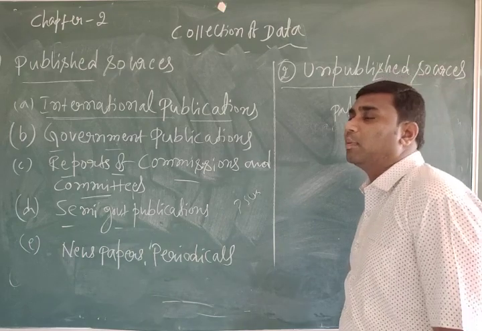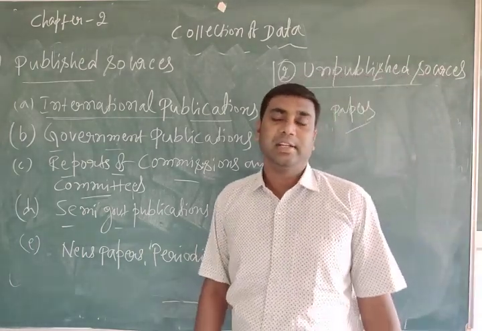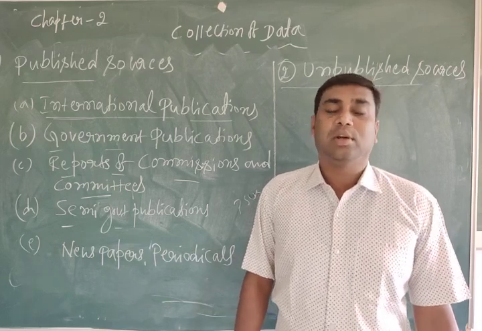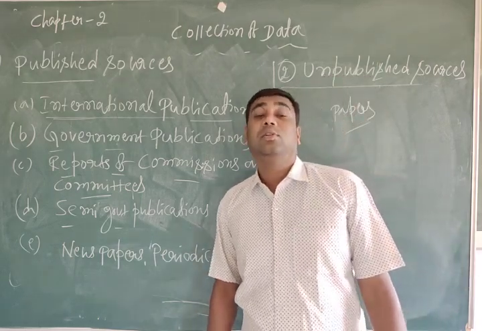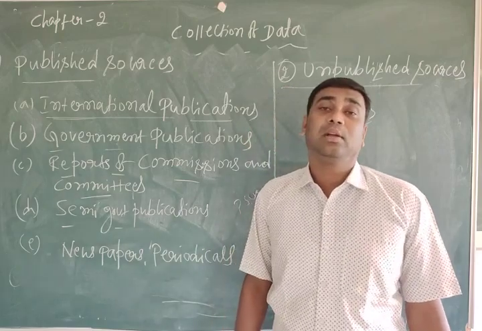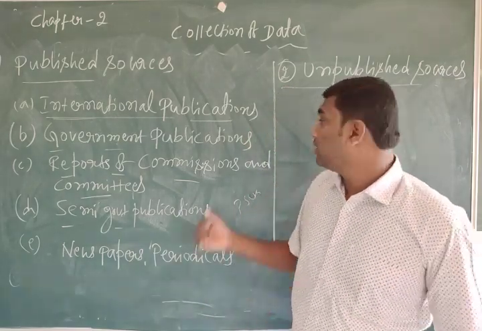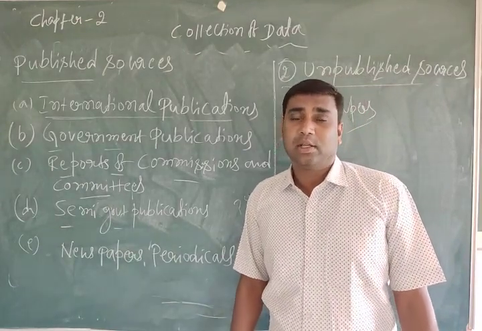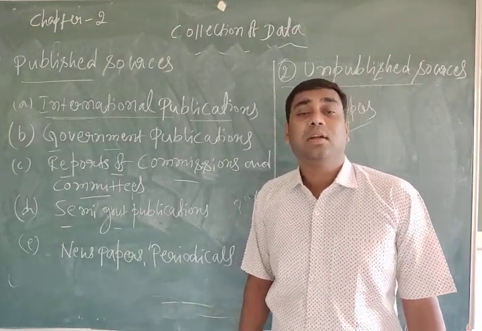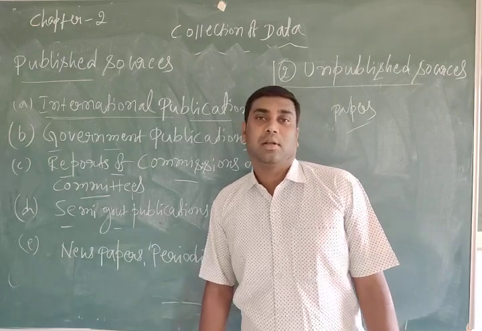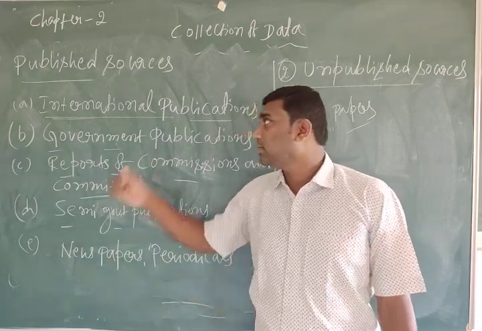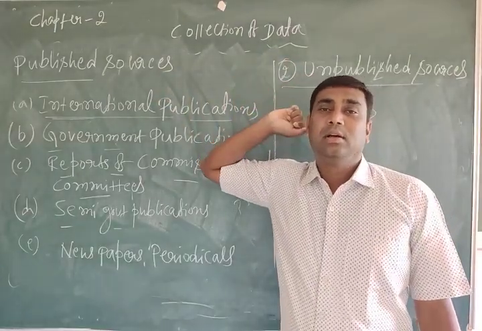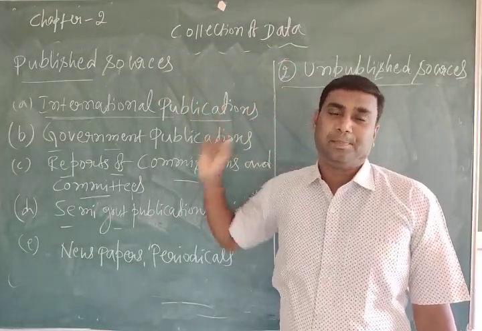For example, people maintaining diaries, with what they found, their research, what they have innovated, are not ready to publish but keep it to themselves in diaries and books. So they are considered unpublished sources. This is published sources, this is unpublished sources under the secondary data.